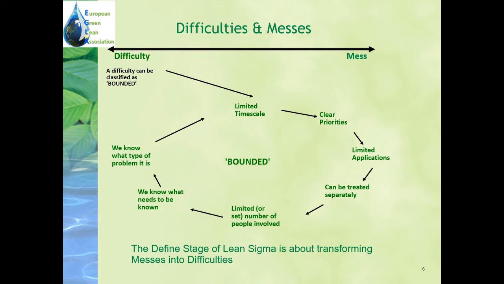We do know what needs to be known, and probably also, at least on a basic level, what needs to be done. So we know what type of problem it is. Basically, these two pictures show what the define stage of Lean Six Sigma is about. It's transforming messes into difficulties which we can work with.